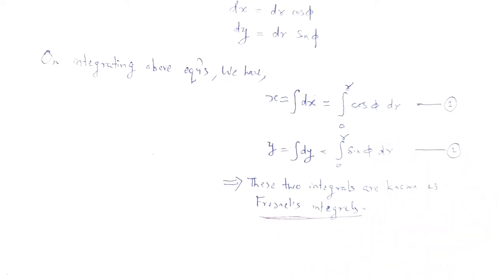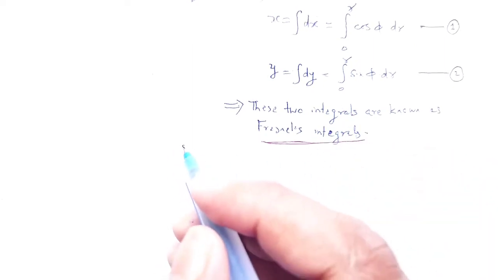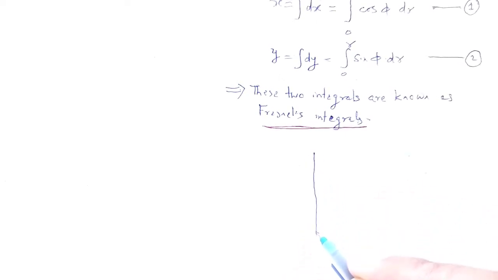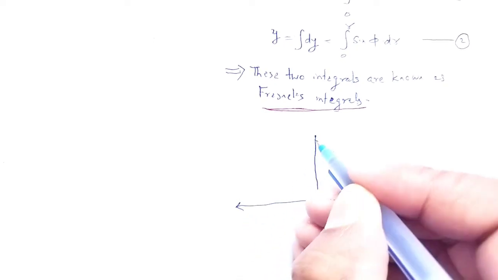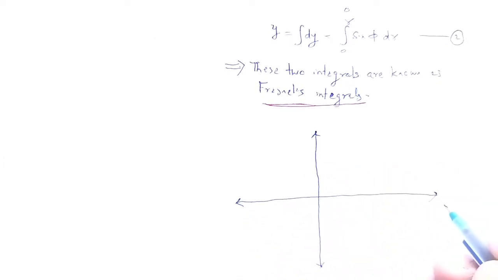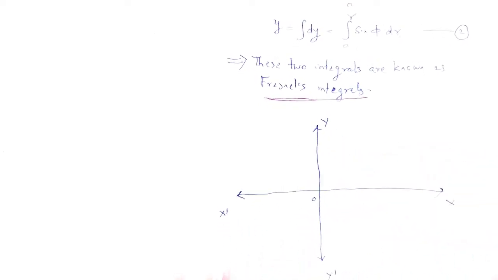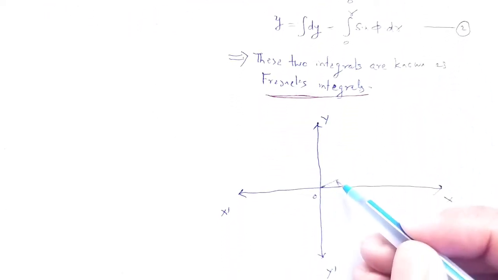Now, by using Fresnel's integrals, we can draw the figure of the intensity distribution as x O x dash, y O y dash. For the first equation, we have the figure just like this.